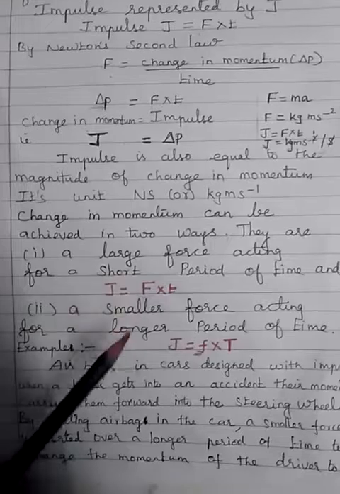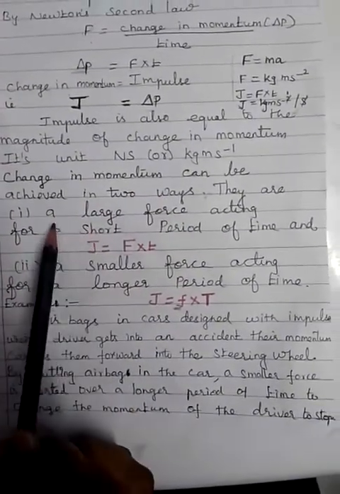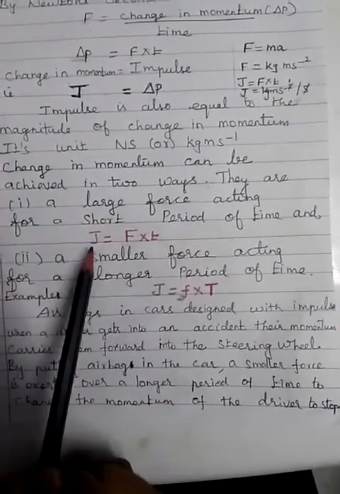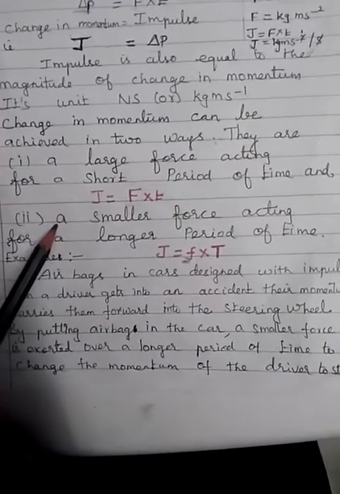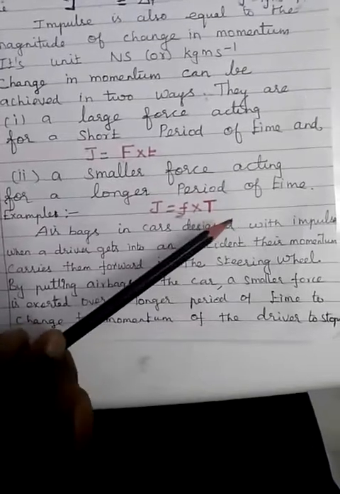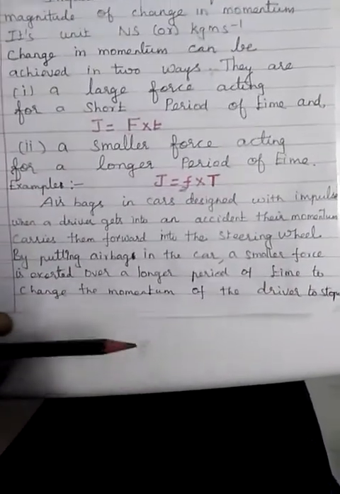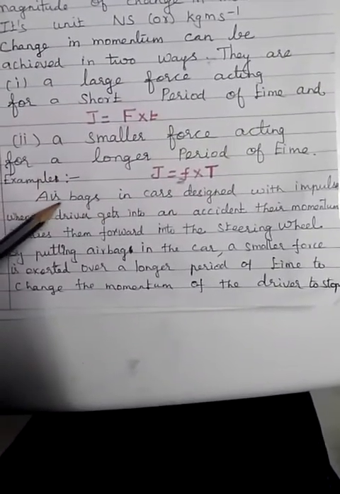Okay. So change in momentum can be achieved in two ways. Either a large force acting for a short period of time, that means J, large force, small time. Otherwise, a smaller force acting for a longer period of time. Very small force, time larger. In your book, they have given two examples. I give one more example for you. Listen.